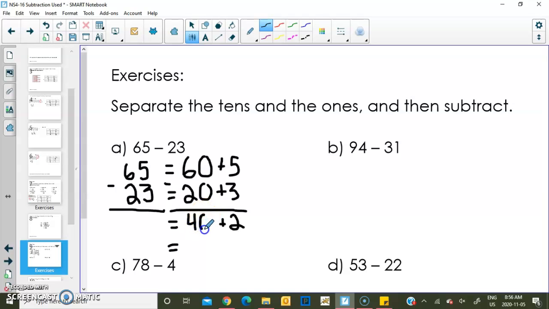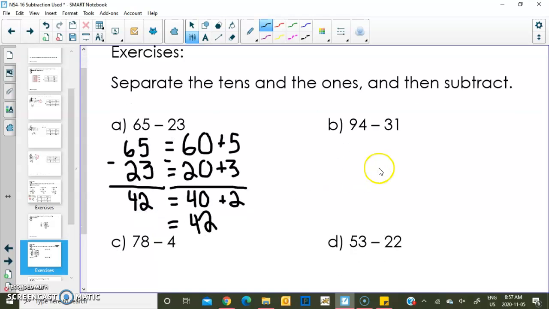Good. So we have 40 plus 2, which equals 42. So 65 subtract 23 equals 42.